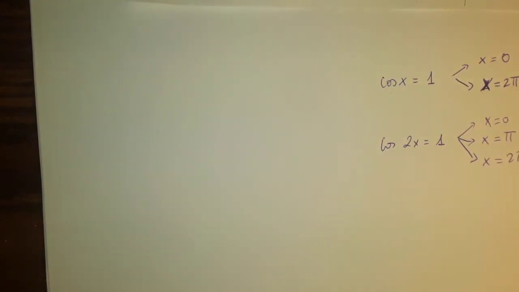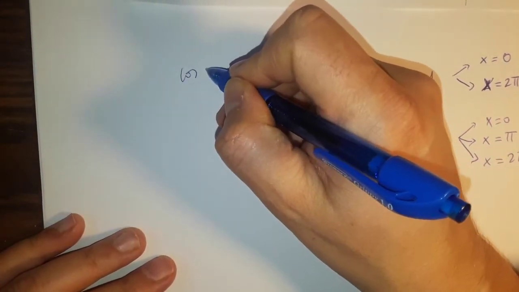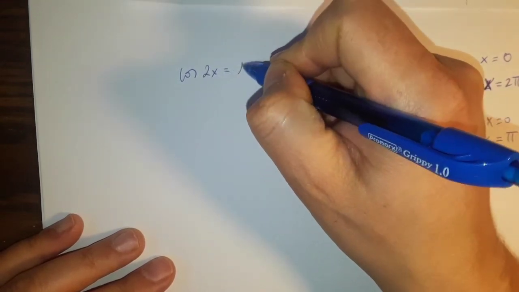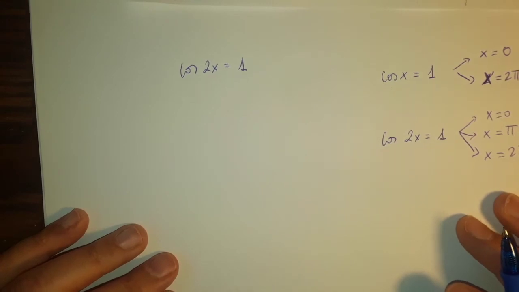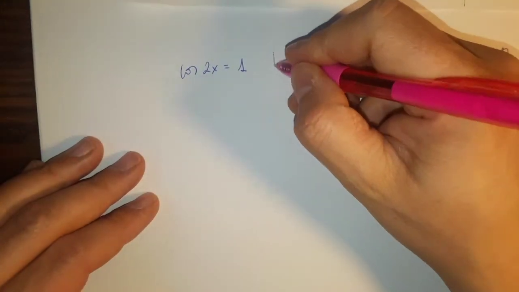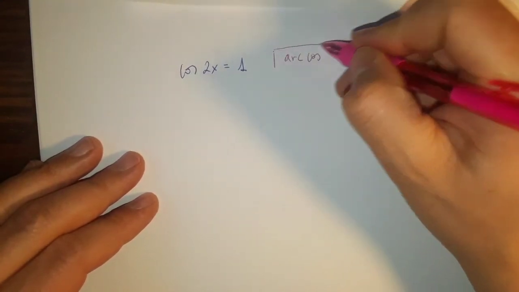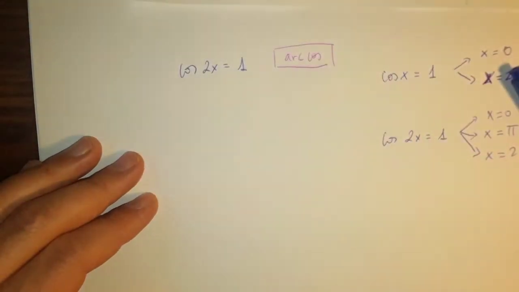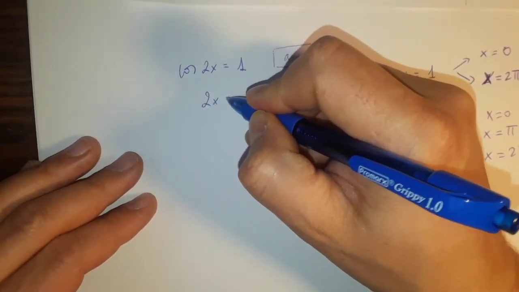So imagine that I have this, right? Cosine of 2x equals 1, and I want to try to solve this. Well, what do I do? First thing, always, I do arc cosine on both sides, so I can cancel the cosine, and the cosine moves to the other side as arc cosine.